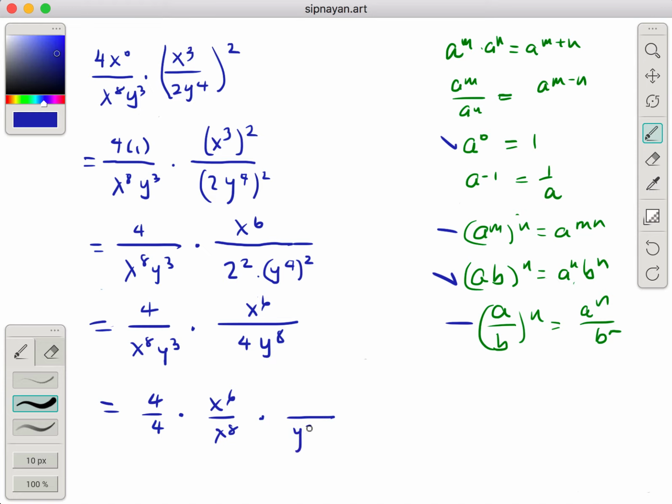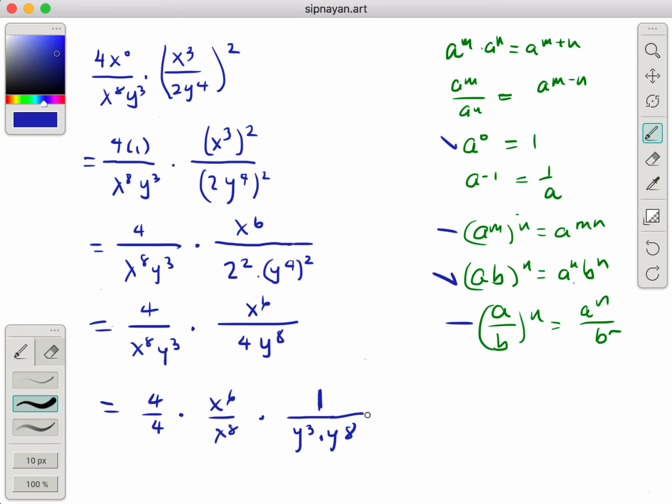So, this is y cubed times y to the 8th. Pag wala tayong numerator, times 1 lang natin yan. Kasi 4 times x to the 6 times 1 is 4x to the 6. And remember, yung original expression natin ay 4 times x to the 6. So, hindi natin siya binago.